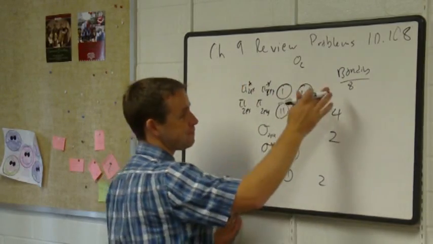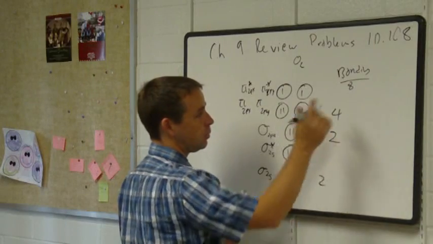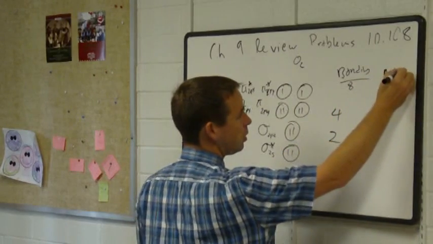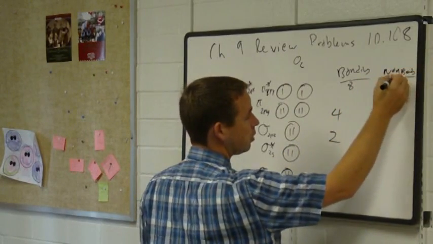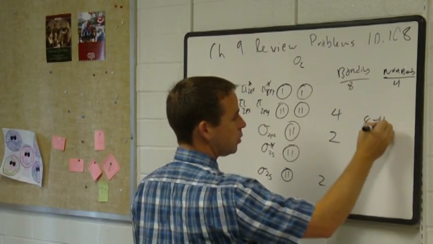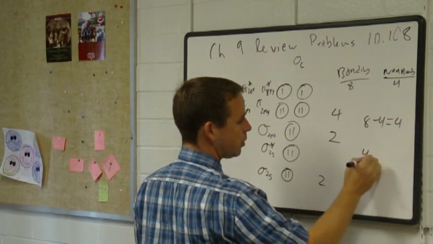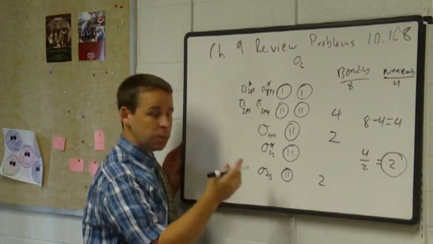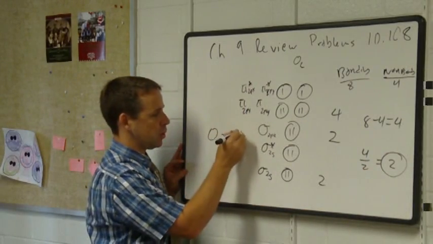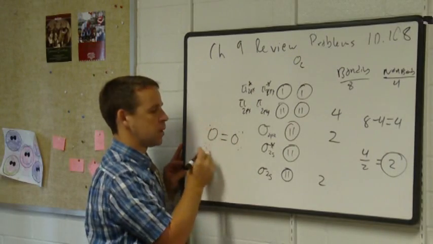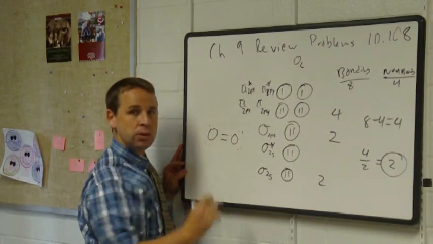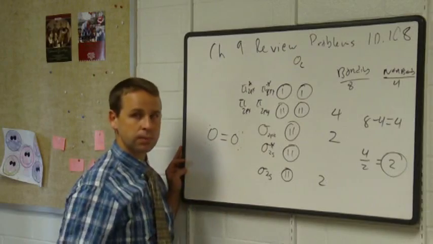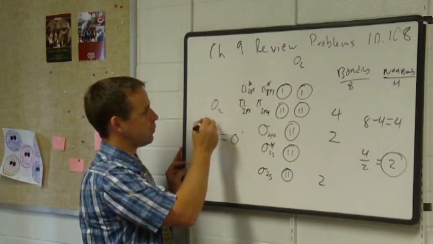All right, so 8 bonding, 4 anti-bonding, 8 minus 4 equals 4, and we divide that 4 by 2, and that equals the bond order. And that's what we predict when we draw our Lewis structure too. Oxygen gas has a bond order of 2 between the 2 oxygens, right? This is O2, right?